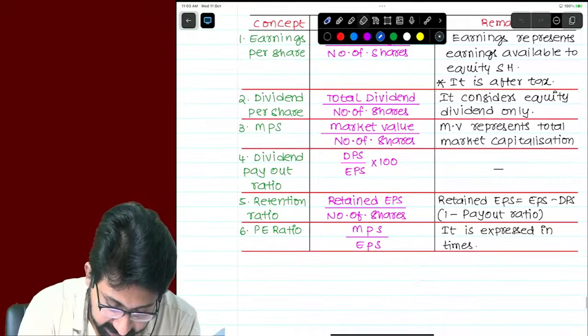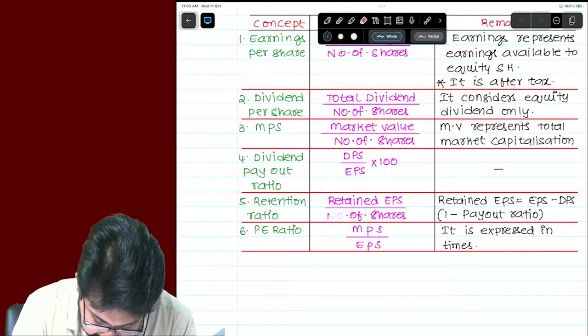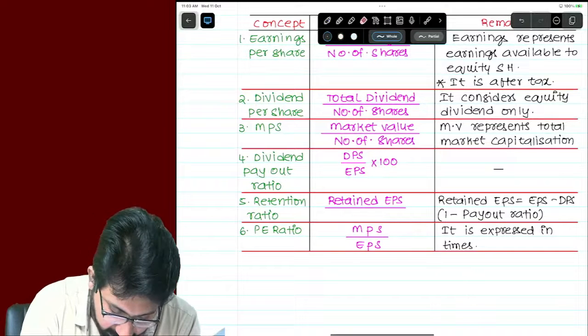Please make a small change. Here retention ratio means retained earnings per share divided by earnings per share.